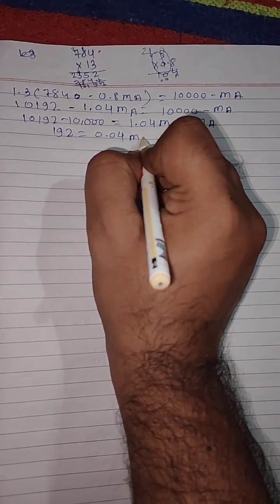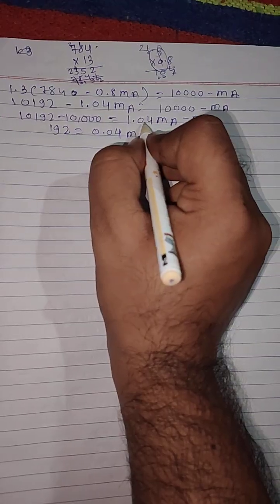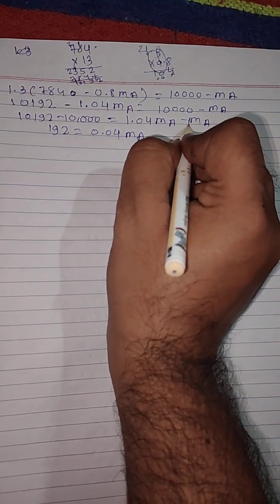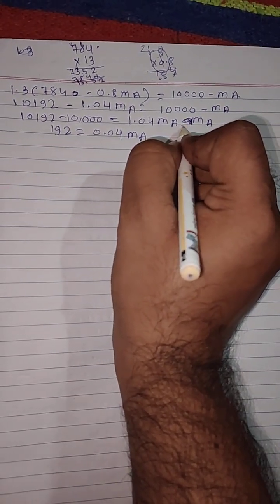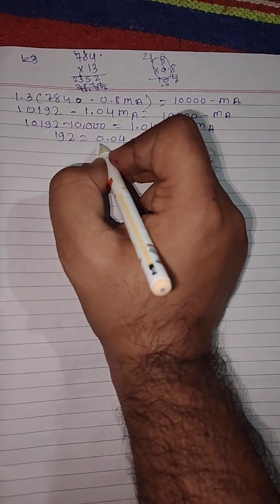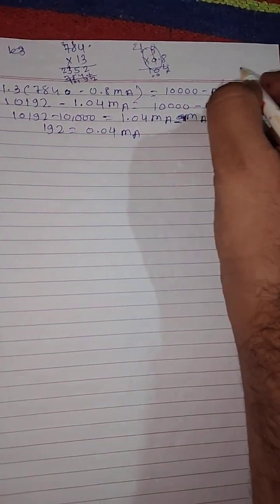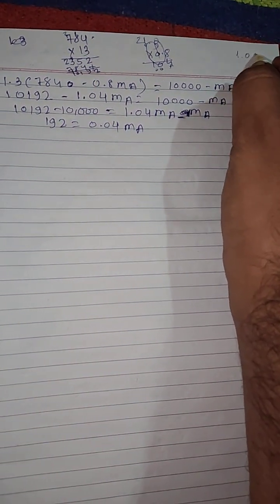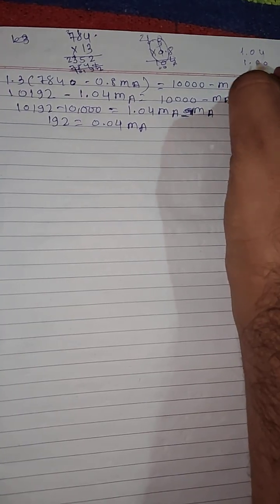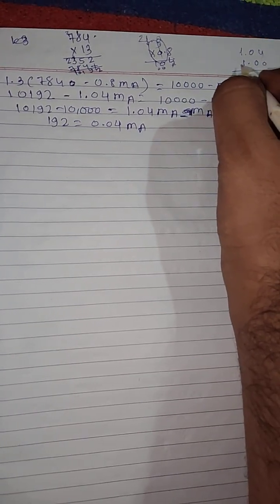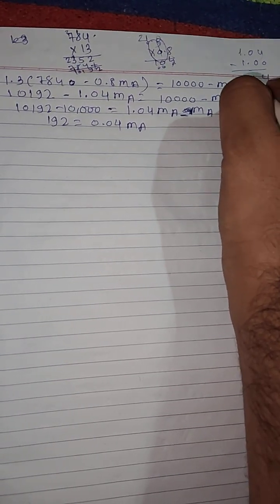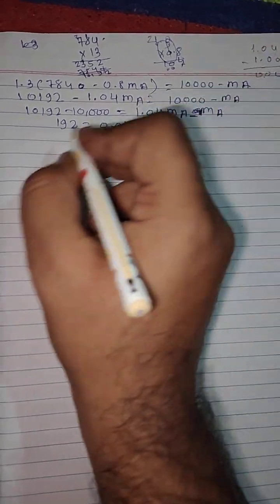So MA: 1.04 into 1 will be, here nothing is there, it is 1. So 1.04 minus 1, the answer will be 0.04.